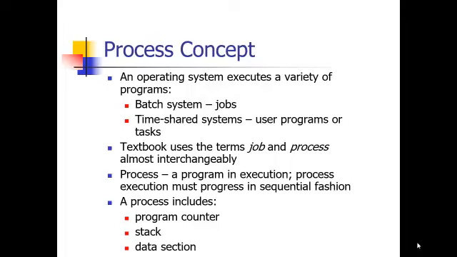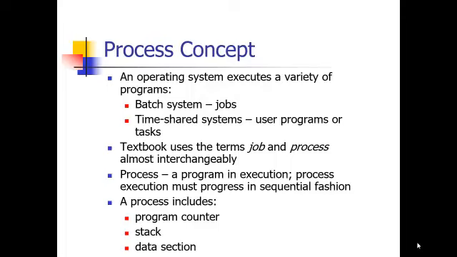An operating system can execute different types of programs. Some will work as batch systems, so that means a number of functions will be executed as a sequence in a given application. Another variety is time shared systems, so that means users can run multiple programs.